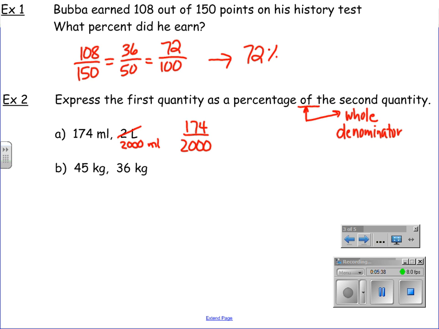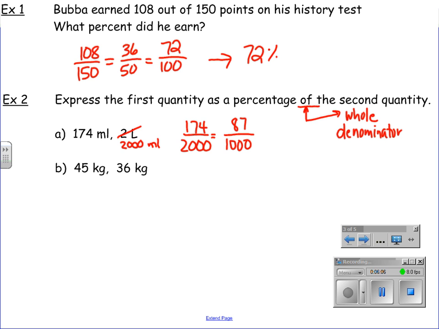We're trying to get hundredths for a percent. Alex? You could divide by 2 first. Let's get it to thousands. 174 divided by 2, Mason? 87 over 1,000.